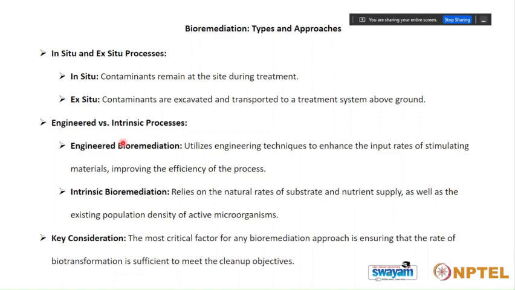Simply, the bioremediation process will happen on its own. So these are the types of bioremediation processes based on the site of remediation and also the sophistication of the process.